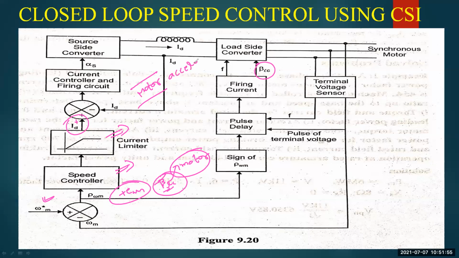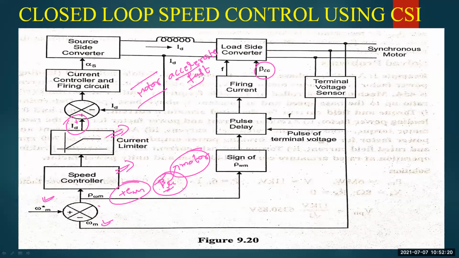It accelerates fast because the difference between these two is very high, omega m star and omega m. So the commutation lead angle is set to motoring operation, ID star becomes high and the difference is high, and it is set to the firing angle controller, and the motor accelerates fast.